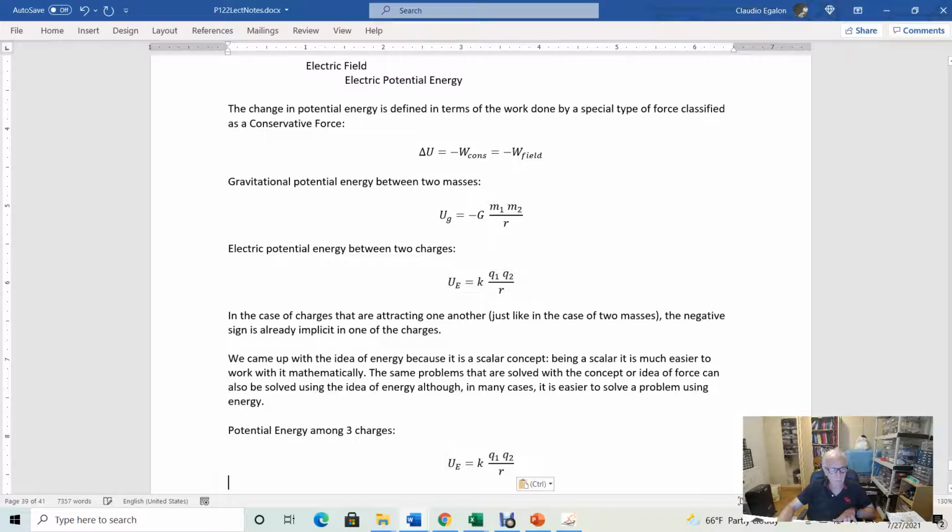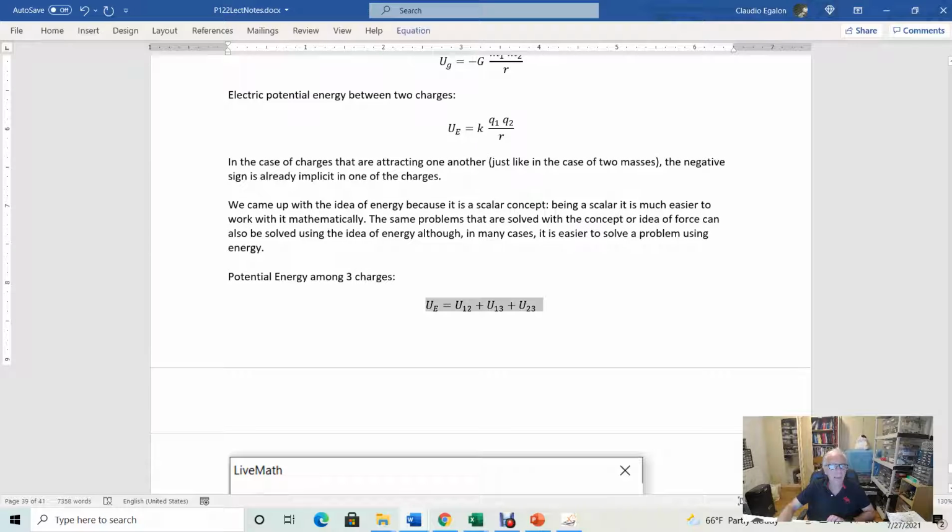The electric potential energy is going to be U between 1 and 2, plus U between all possible combinations of potential energy, and between 2 and 3, like that.